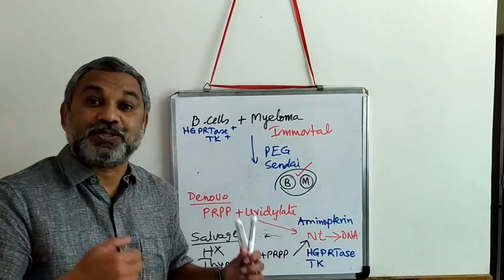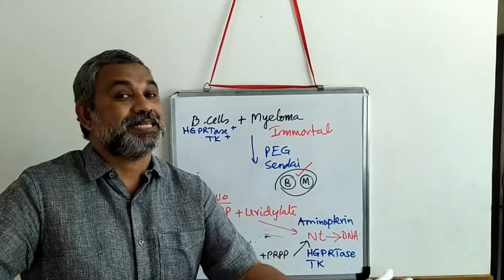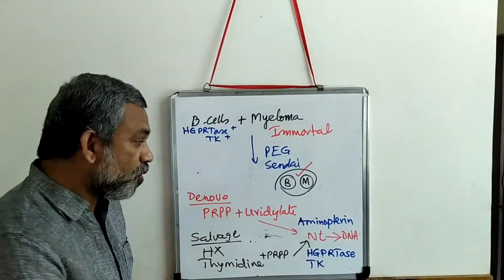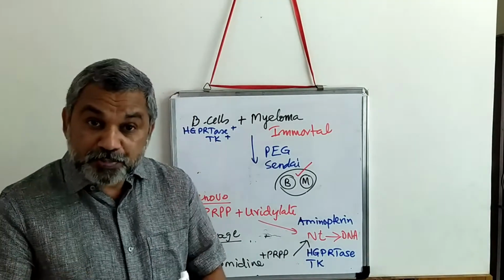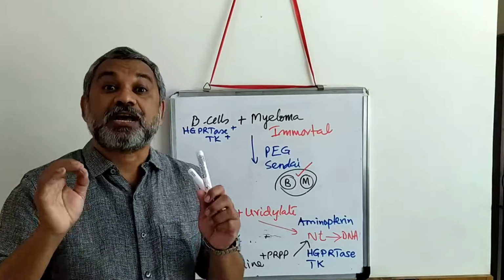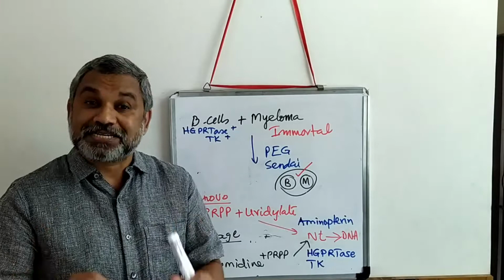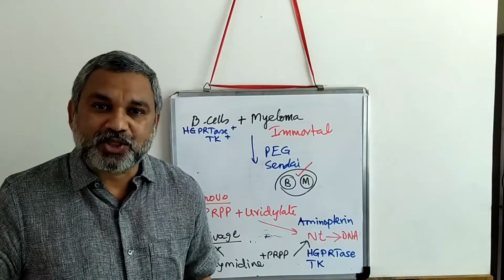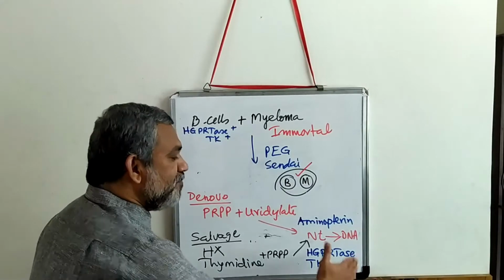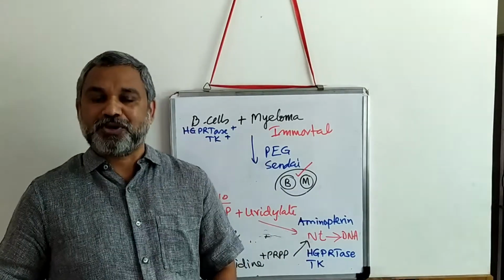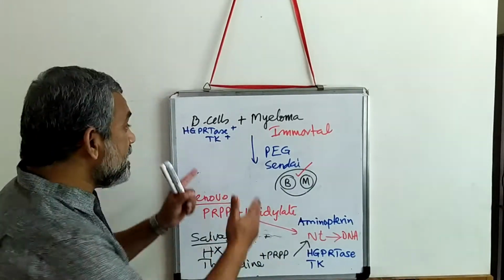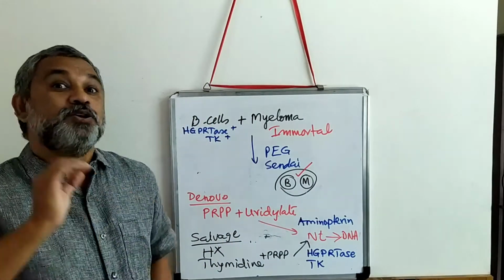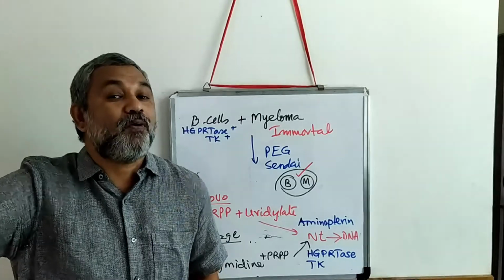So it is able to synthesize nucleotides and synthesize DNA. We are stopping it. How do we stop it? By adding aminopterin, which is a structural analog of tetrahydrofolate. So no de novo pathway will occur, only salvage pathway will be promoted. Salvage pathway means in the B cells, salvage pathway is promoted, so B cells can keep on multiplying.